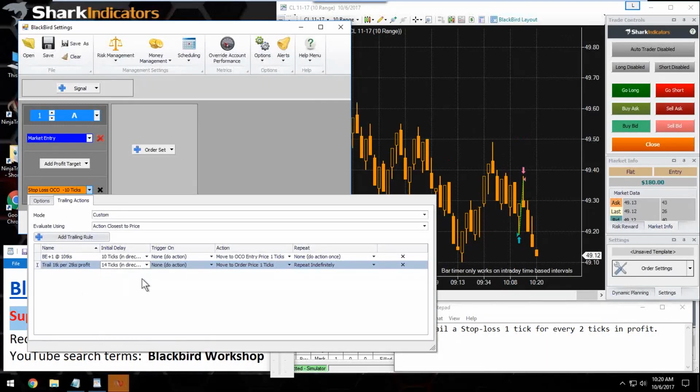This decision of when to start the trailing is purely arbitrary. I could be overthinking it a little bit, but you can decide whenever you want the trailing to start kicking in here.